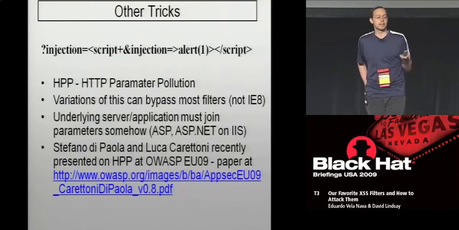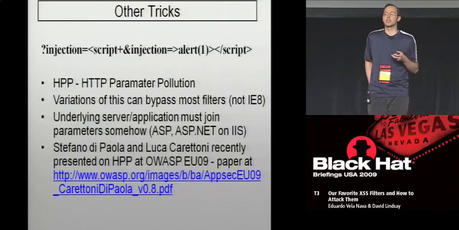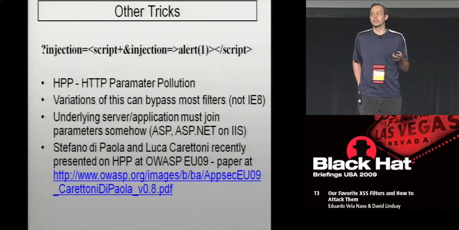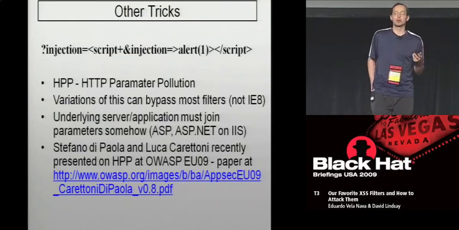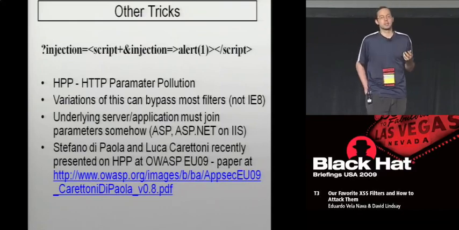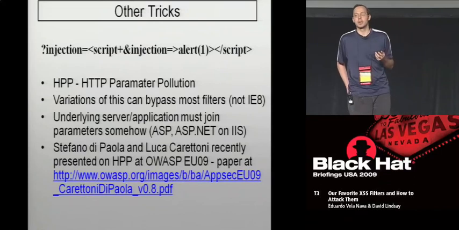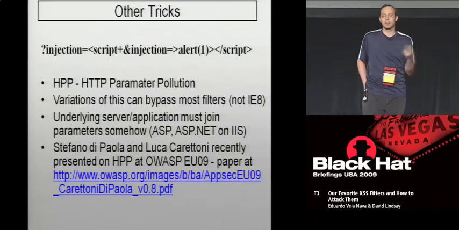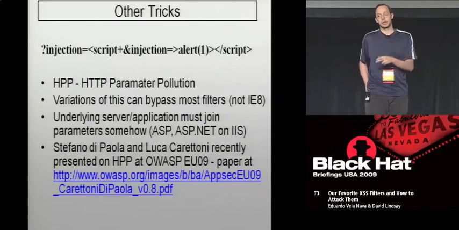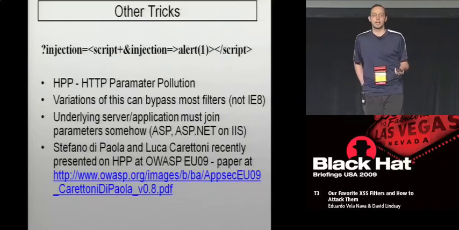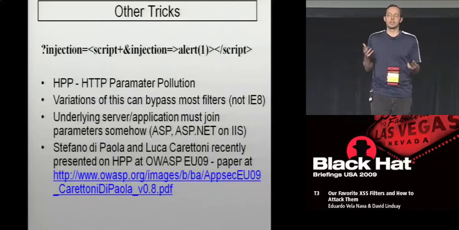And so the basic idea is that a lot of browsers and servers kind of have different ways of handling multiple parameters that are submitted that have the same name. So in some cases, the first parameter might be accepted and the second ignored. Sometimes the second will be accepted and the first will be ignored. And in some cases, they both will somehow be merged in some sort of weird way.